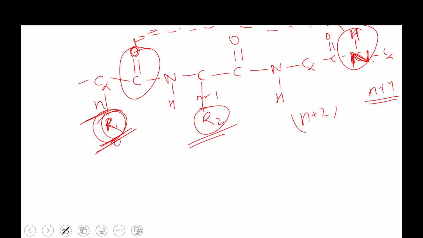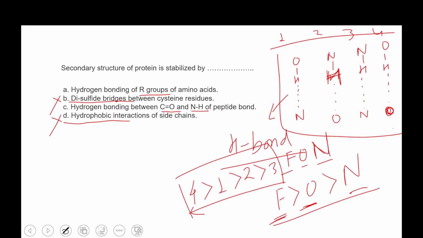This oxygen and this hydrogen make the hydrogen bond. So the correct option is hydrogen bonding between CO and NH of the peptide bond, not this one.